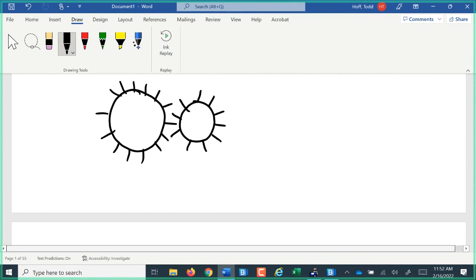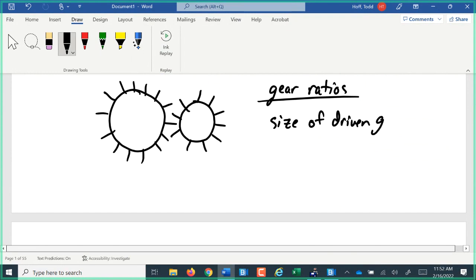Pretend those look like gears. When we look at gear ratios in mechanics, it is the size of the driven gear compared to the size of the driving gear.